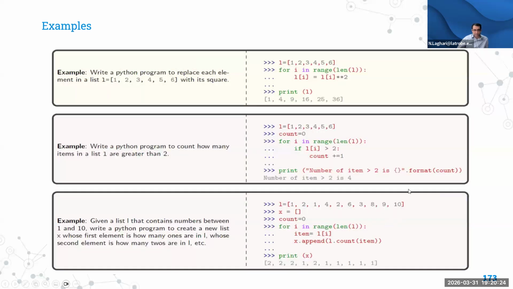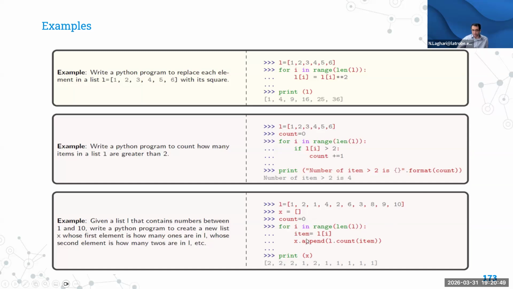And what is the third example? Given a list that contains numbers between 1 and 10, write a Python program to create a new list X whose first element is how many ones are in L, whose second element is how many twos are in L, etc. So you see we have created 1, 2, 3, 4, 5, 6.